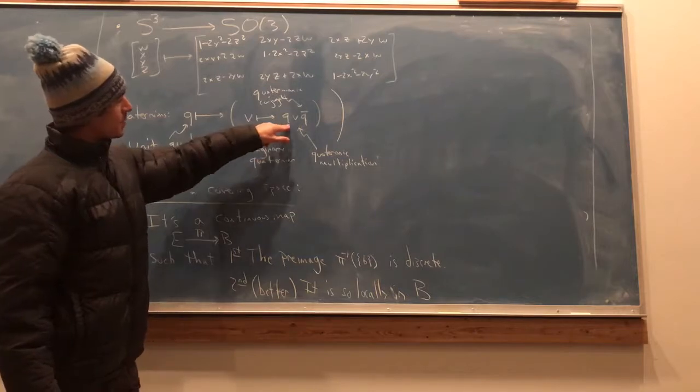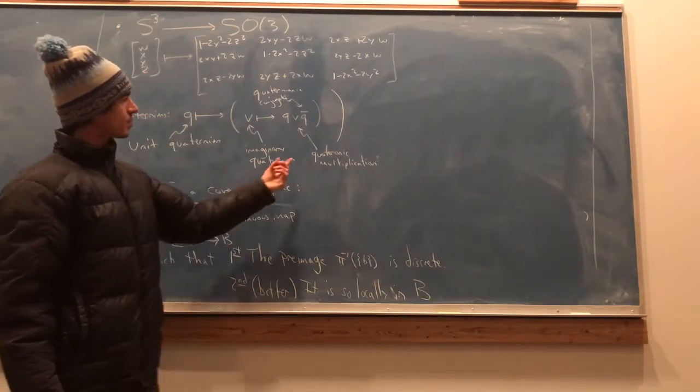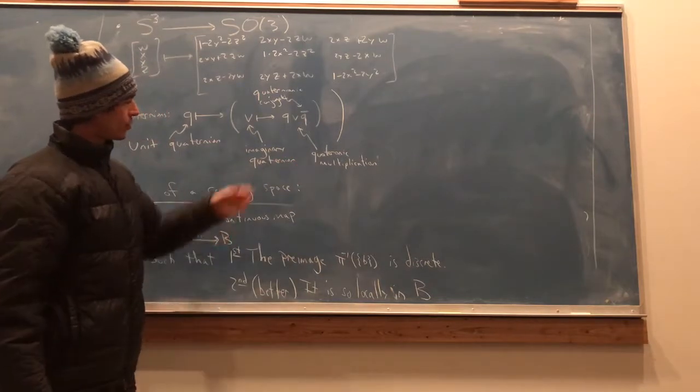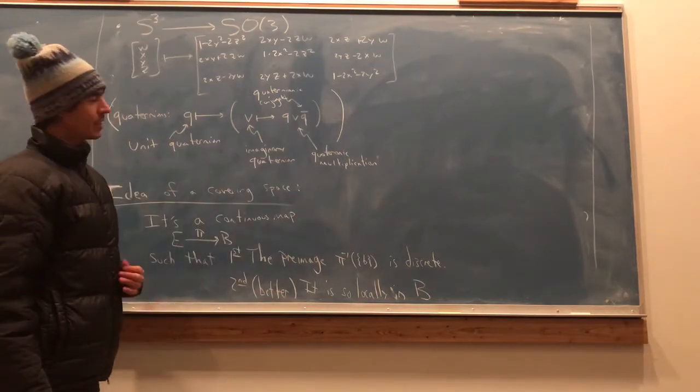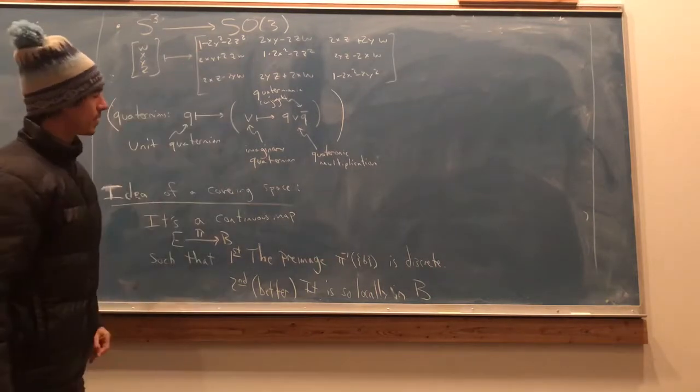And this map is given by conjugating by the given unit quaternion using what's called quaternionic multiplication. And if you write this out in coordinates, you get this ridiculous expression.